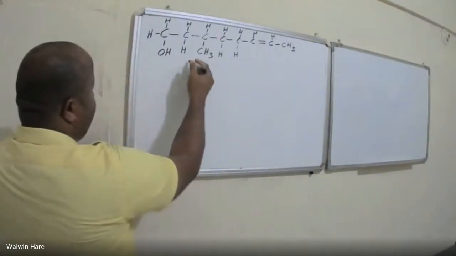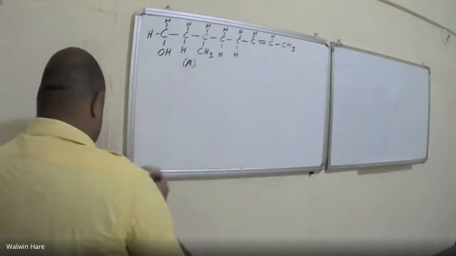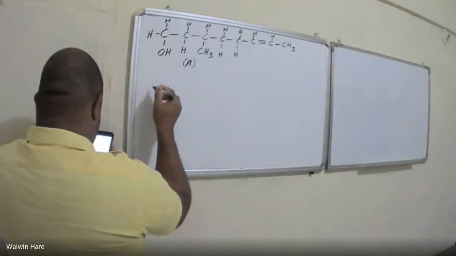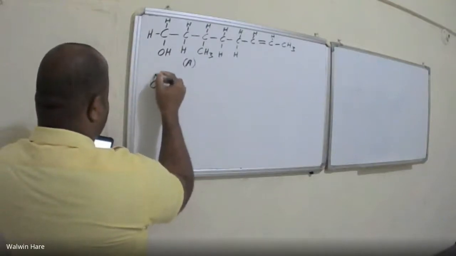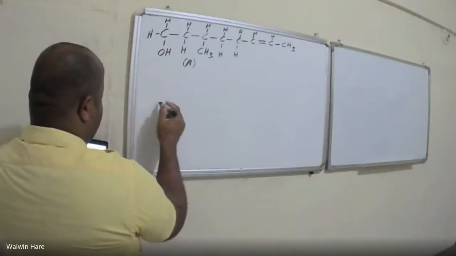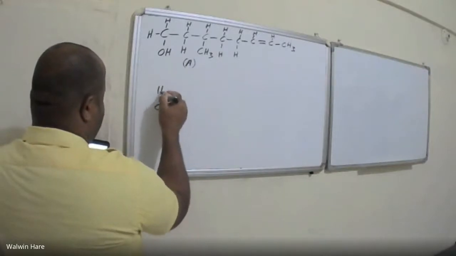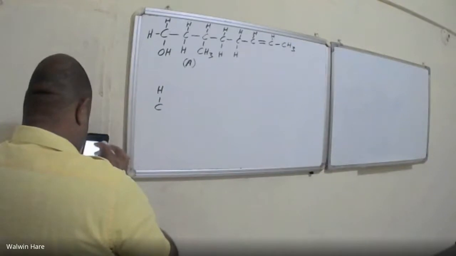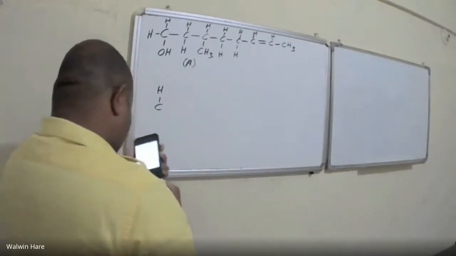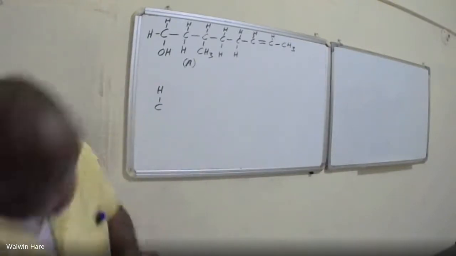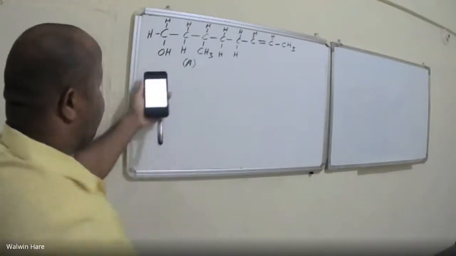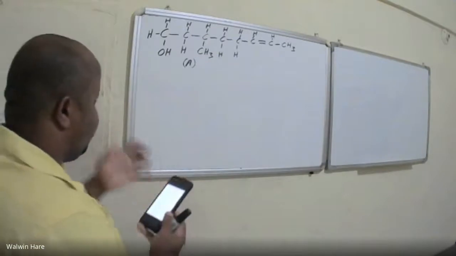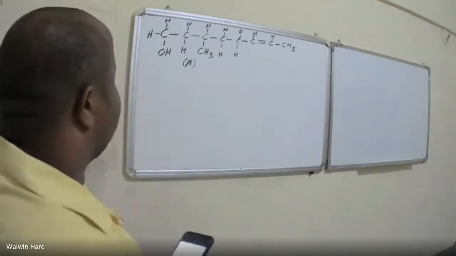So this is compound A. Right, so it asks for us to identify the chiral center in compound A.